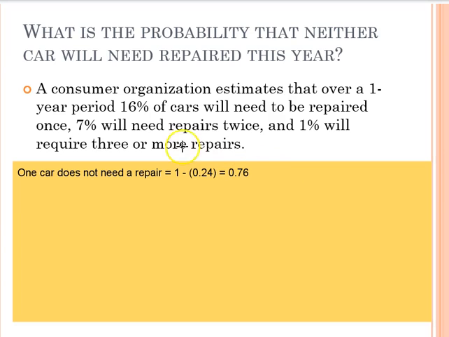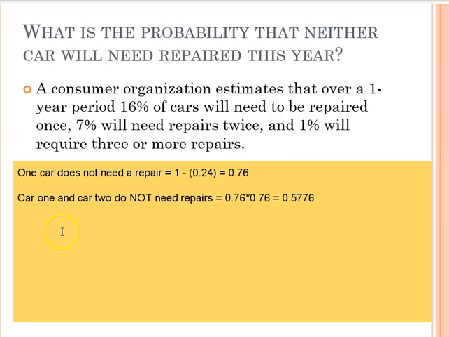This next problem looks at what's the probability that neither car will need repaired this year. And so we're going to start by calculating the likelihood that 1 car does not need a repair in the given year. We can look at the probability of needing a repair. This we found in the last problem as 0.24. And so we're going to subtract that from 1 because the complete opposite of needing a repair is not needing a repair, and that's 0.76.